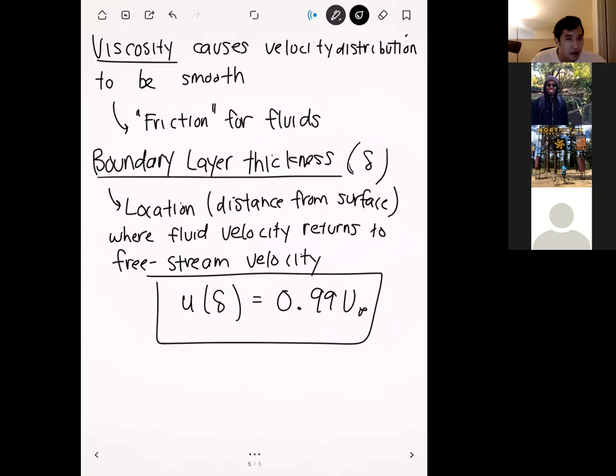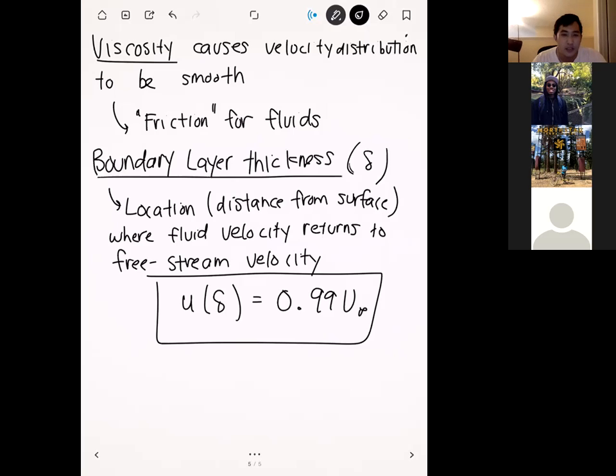That 0.99 is there basically to say that once we reach about 99% of our free stream velocity, we're basically at the edge of the boundary layer. Of course, this 0.99 is arbitrary. It's not like Navier-Stokes said you have to use 99%; that's just for ease of visualization.